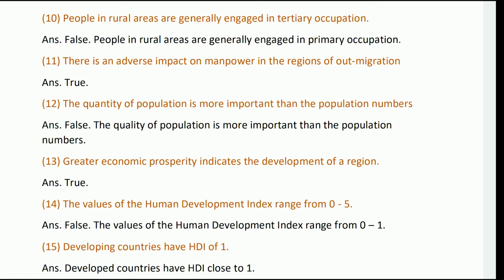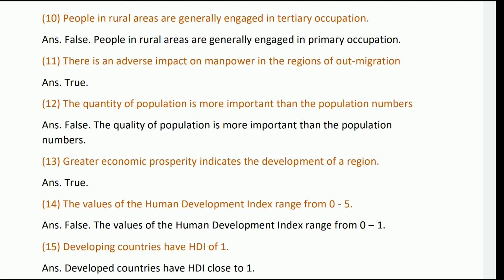There is an adverse impact on manpower in the region of out-migration. True. The quantity of population is more important than the population number. False. The quality of population is more important than the population number.